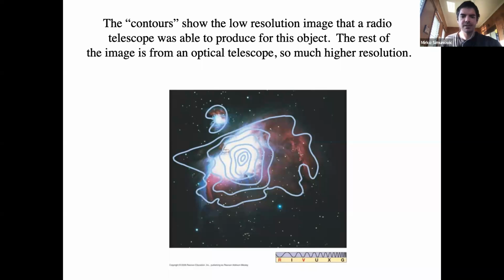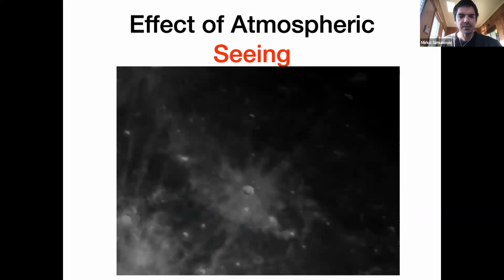Another aspect of observations is the way that the atmosphere limits the resolution itself. It's not only the type of light, whether it's radio light or optical light, it's also the atmosphere above the telescope that will limit the kind of observations that you can do. And one way to parameterize that is through the seeing.